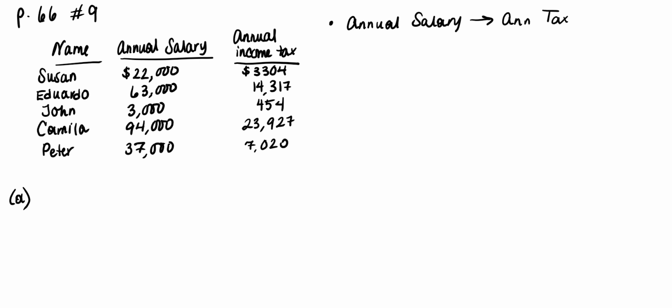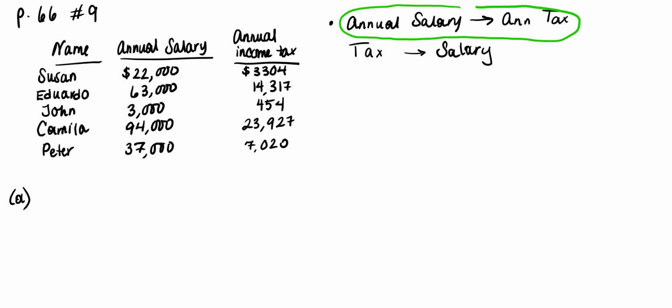Or does income tax determine your salary, so that how much you pay in taxes determines how much you make? I hope the more intuitive answer is the first one, and I can tell you for sure that the more intuitive argument is that annual salary determines how much income tax you're going to pay per year. So annual salary is our independent variable, because it's determining the annual income tax, which is our dependent variable.